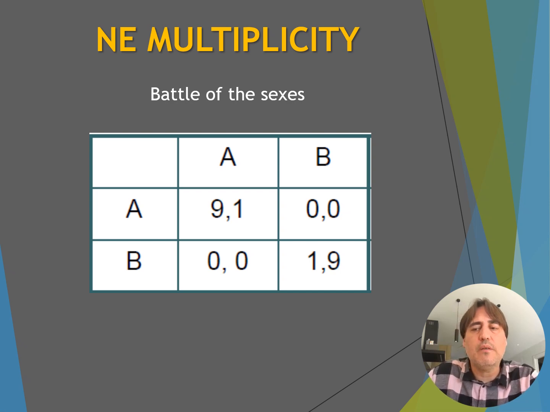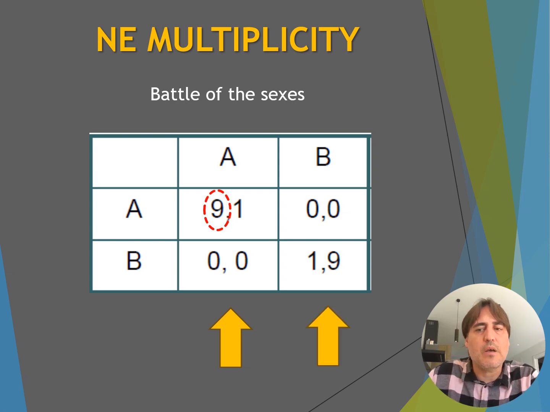Let's solve it in the same way as the previous game. If player 2 chooses A in column 1, the best response for player 1 is to choose A because 9 is better than 0. If player 2 chooses B in column 2, the best response for player 1 is to choose B because 1 is greater than 0.